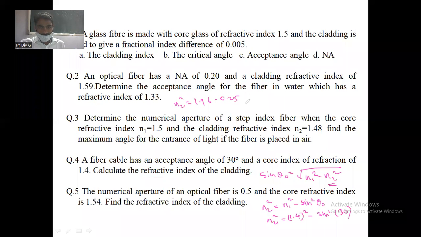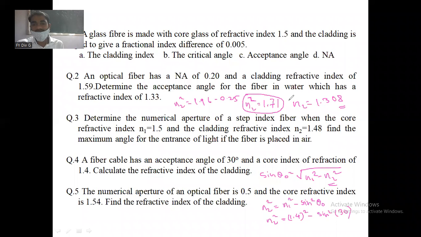0.25. So n2 square is equal to 1.71. Do we need n2 square or only n2? n2 is the refractive index of the cladding region, we need only n2. But since there is a square in the formula, we have to take the root: n2 square is equal to 1.71, so we take n2. n2 is equal to 1.308.